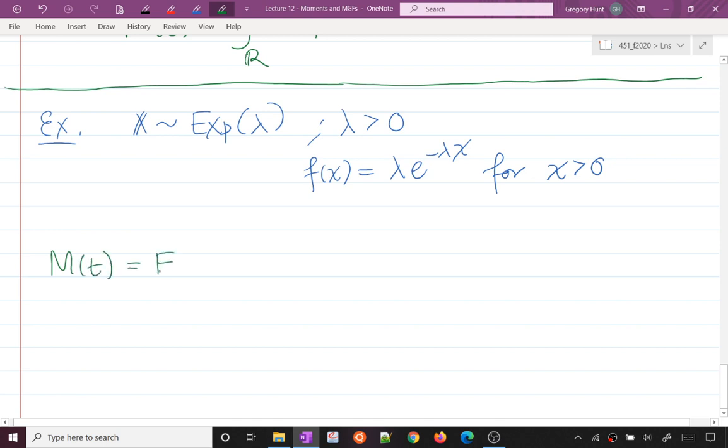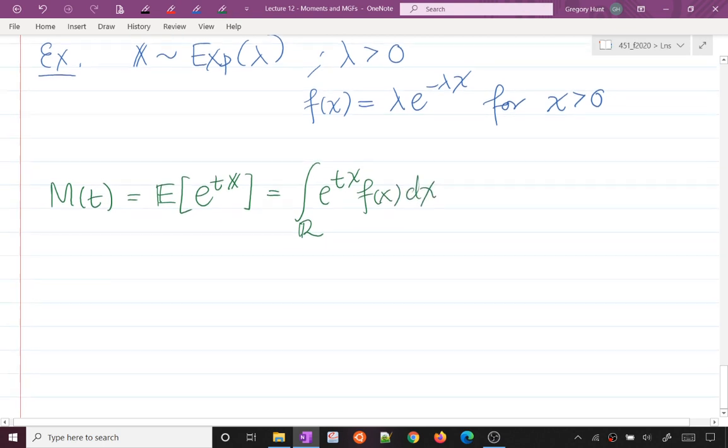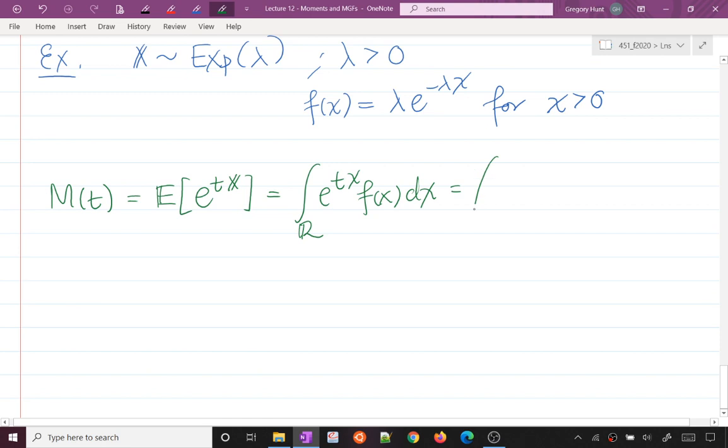Okay. And we could calculate for this what the moment generating function is. The MGF is the expected value of e to the tx, which looks kind of weird and scary, but not so bad, right? We're going to integrate e to the tx fx dx. And of course, I only have to integrate over the positive numbers because my PDF is 0 for negative numbers.